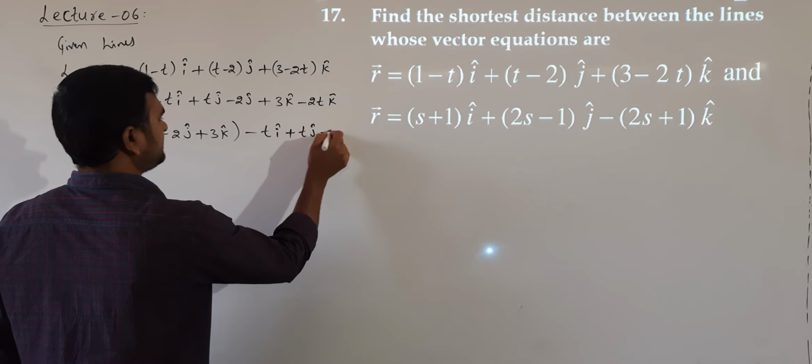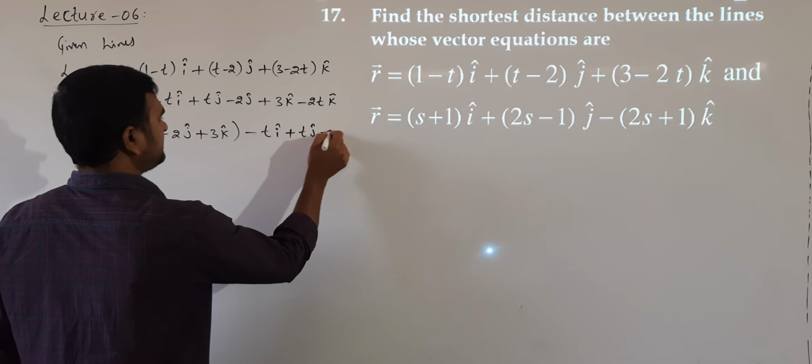So compare it with r bar equal to a1 bar plus lambda b1 bar, and the second line, (s plus 1) into i plus (2s minus 1) into j minus (2s plus 1) into k.